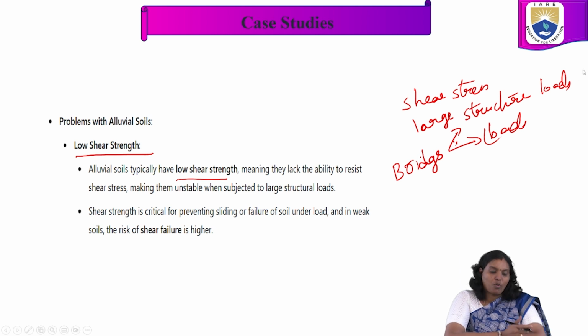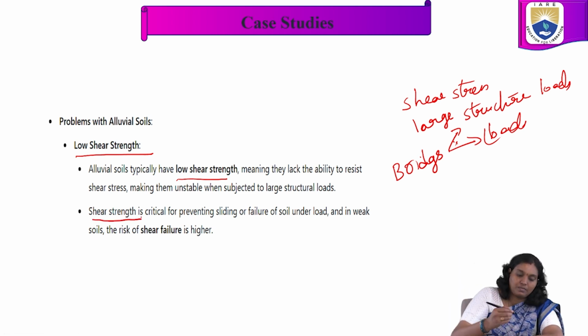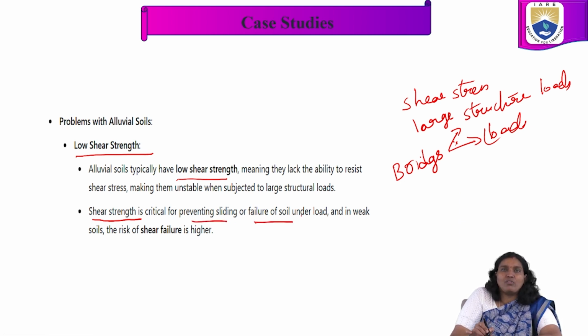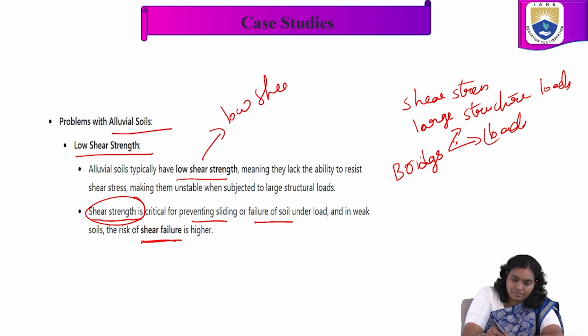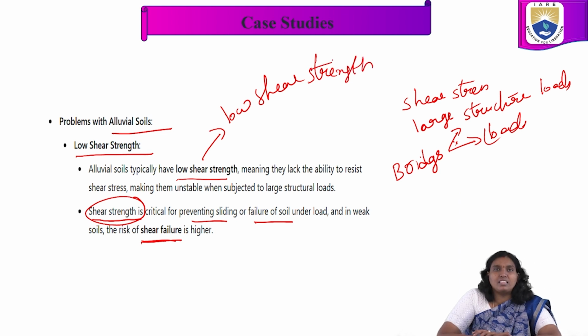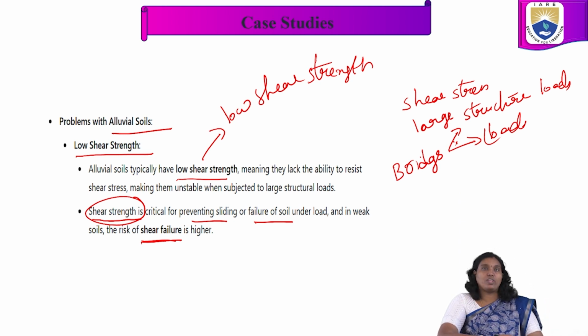One more important thing: shear strength is critical for preventing sliding or failure of soil under load, and in weak soils the risk of shear failure is high, depending upon the shear strength. Here, the type of soil has low shear strength. These are the problems we are going to understand in alluvial soils because of the softness. High plasticity, high compressibility and low shear strength make shear failure likely.